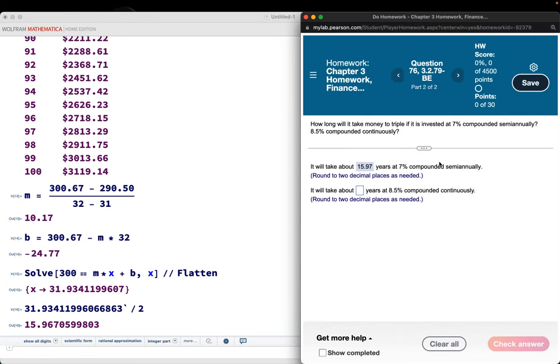Continuous interest means the interest is not being earned every 6 months or every month or every day or every hour or every second. It's being earned continuously, like every microsecond, even faster than a millisecond.